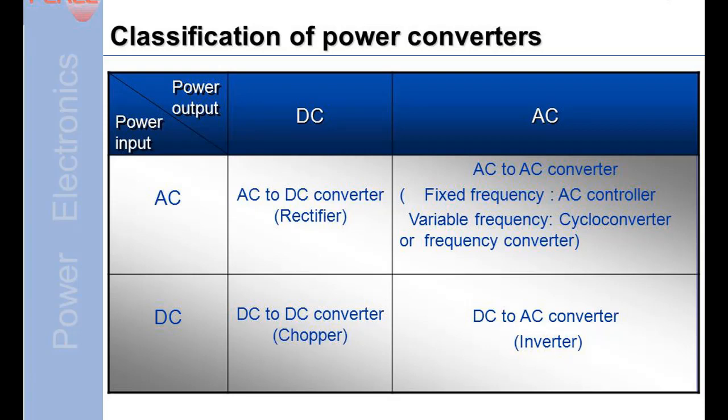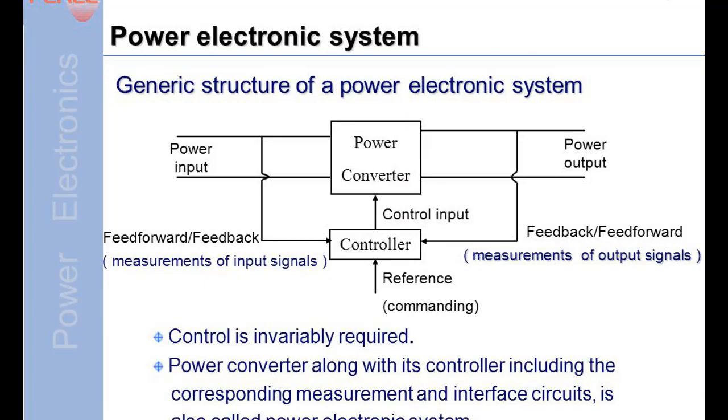Power input, power output, power electronic system. Generic structure of a power electronic system: power converter, power input, power output, control input, feedback/feed forward, controller.